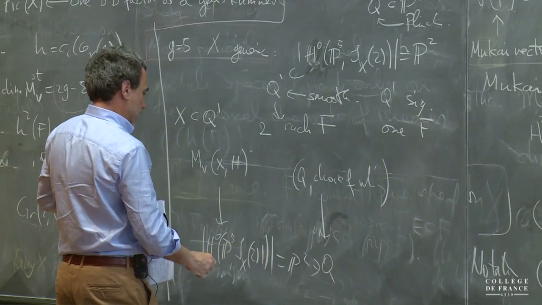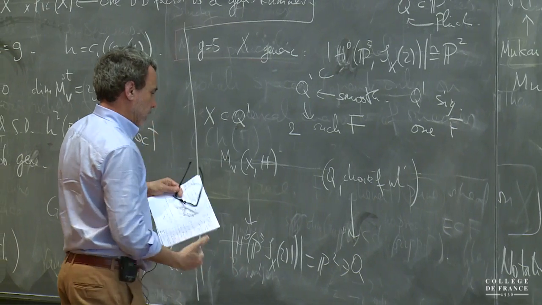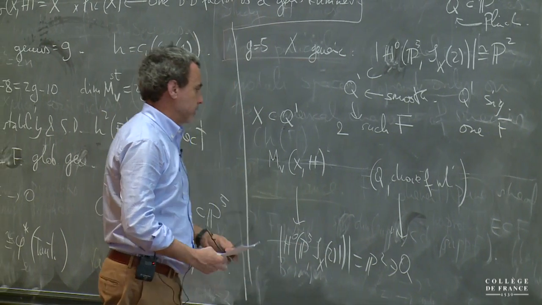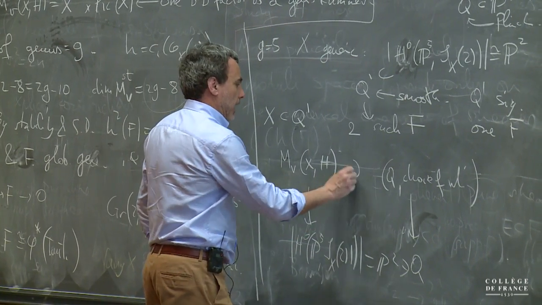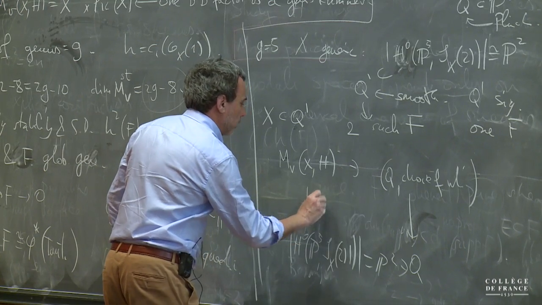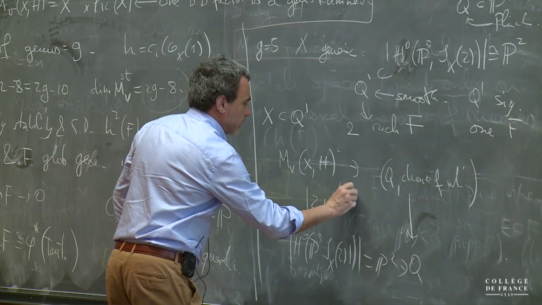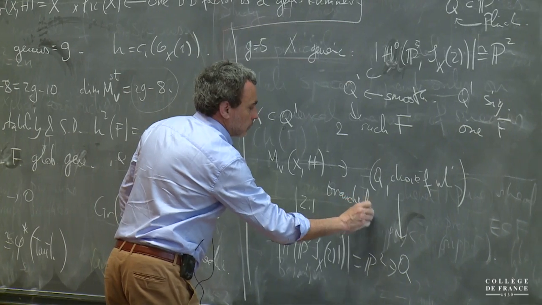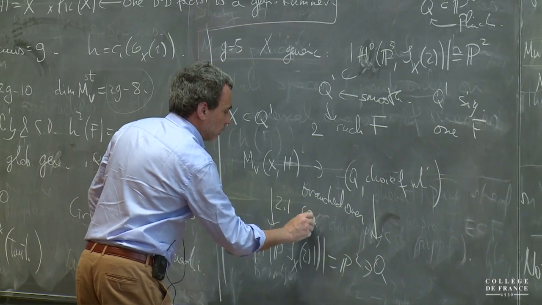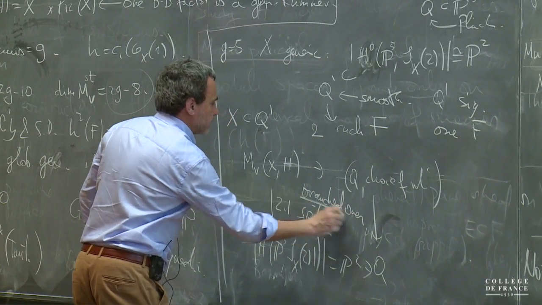If you look at the singular quadrics here, it's a sextic curve, and so this is 2 to 1 branched over a sextic. So this is a K3.